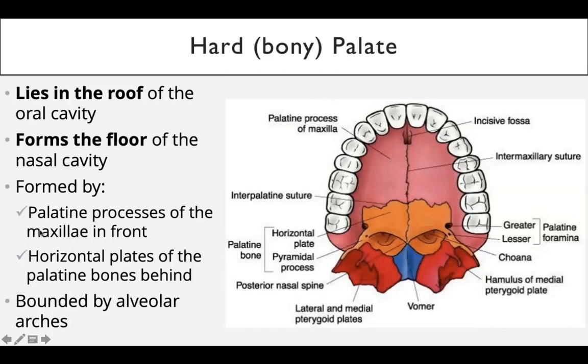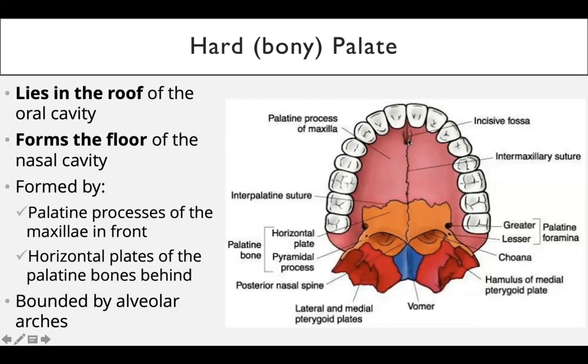So the maxillary bone has a palatine process in the front, the palatine process of the maxilla on the right and left of the patient. And there are horizontal plates of the palatine bones behind them. This suture is the intermaxillary suture because it is in between the two parts of the maxilla, which are the palatine processes, and these make the hard palate.